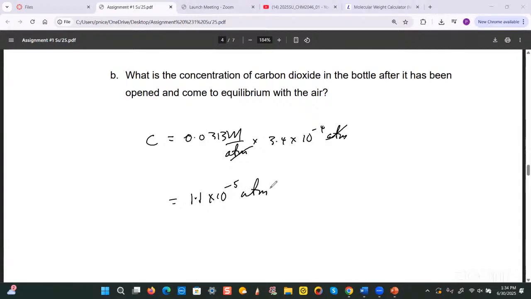You see that there's a reduction. Is that atmospheres or moles? I'm sorry, M. Yeah, thank you. M, all right, and that's it.